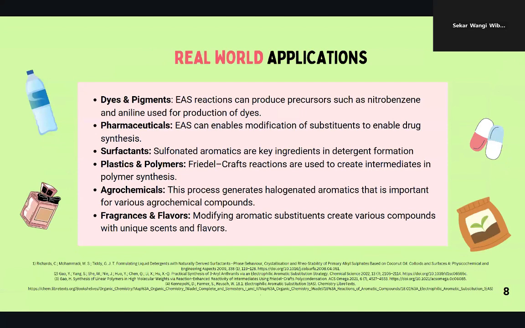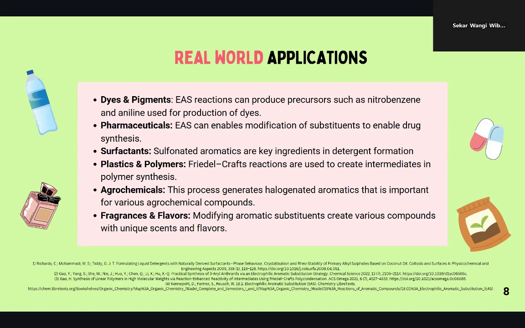There are many real-world applications of EAS reactions. For example, in dyes and pigment production, precursors such as nitrobenzene and aniline can be produced using EAS reactions. Also, in drug synthesis in pharmaceuticals, we use EAS reactions because they enable us to modify the substituents of a compound. For detergent formation, we can use sulfonation to create sulfonated aromatics that are key ingredients in detergent making.